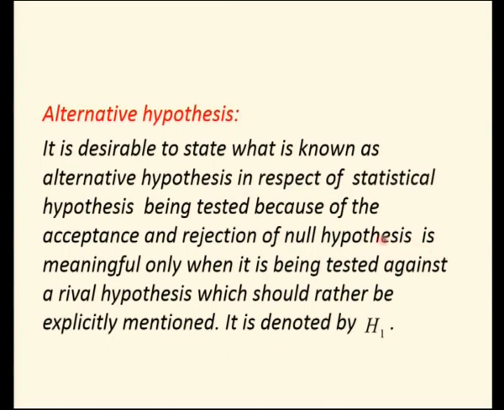It becomes meaningful only when it is being tested against a rival hypothesis, which should rather be explicitly mentioned. It is denoted by H1. So, for a null hypothesis, you have a complementary hypothesis which we call an alternative hypothesis H1.